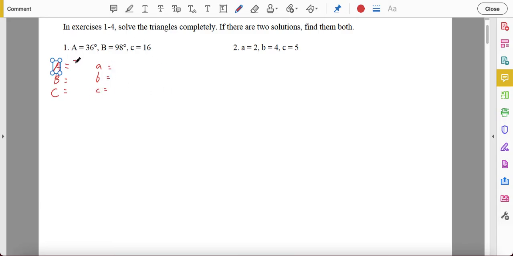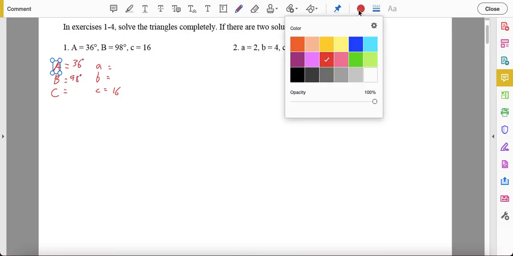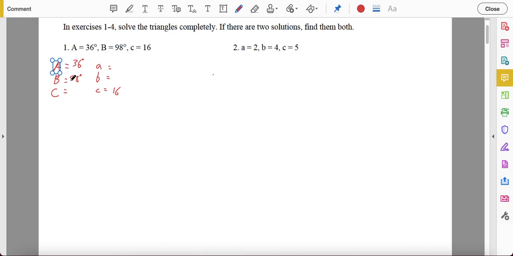So we have A is 36 degrees, B is 98 degrees, and side C is 16 units long. Anytime we have two of our three angles, we know we can find the third angle because these three add to 180.